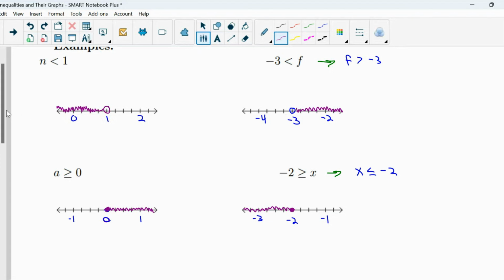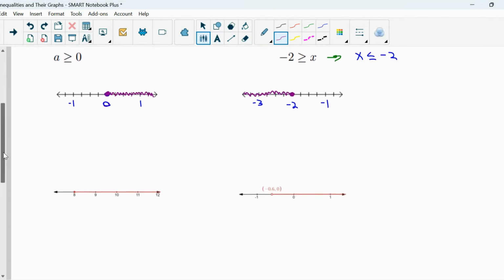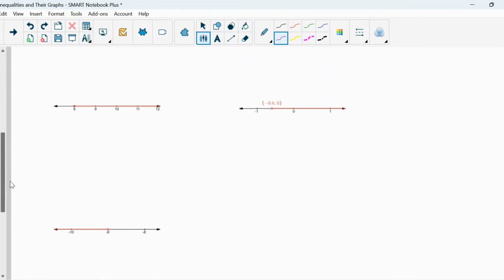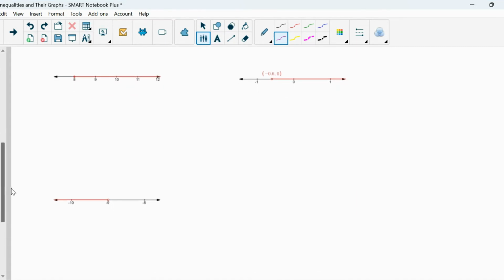Let's look at how to write an inequality from a graph. I know these three graphs may be a little bit difficult to read. Our first one here, we have a solid point at 8, shaded in the positive direction.